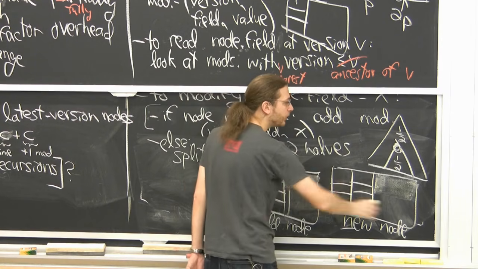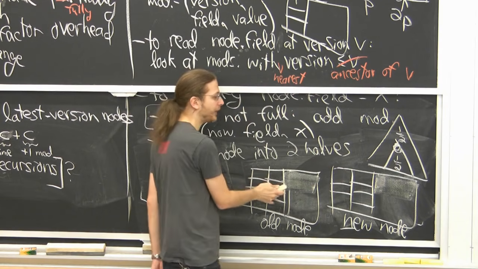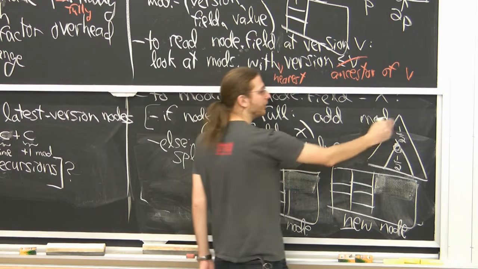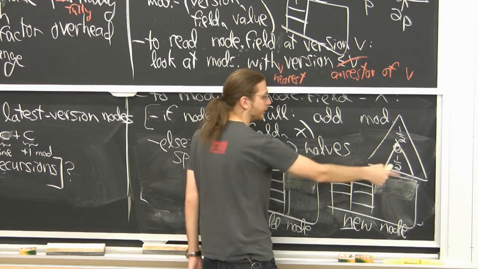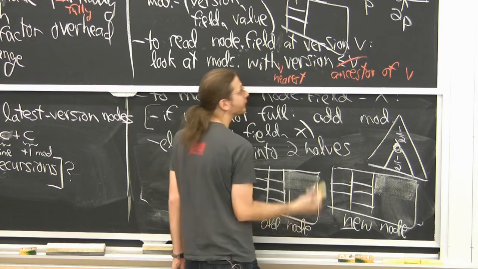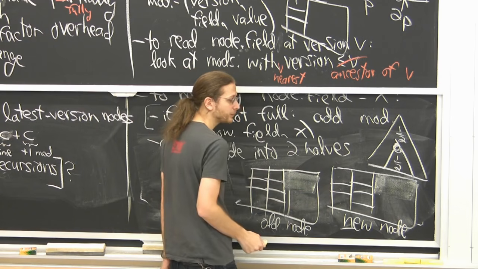So I want the new node to represent this subtree, and this node to represent everything else. This node is as if this stuff hasn't happened yet. I mean, it represents all these old versions that are not in the subtree. This represents all the latest stuff. So what I'm going to do is, like before, apply some mods to these fields.